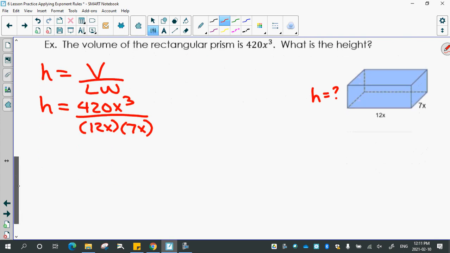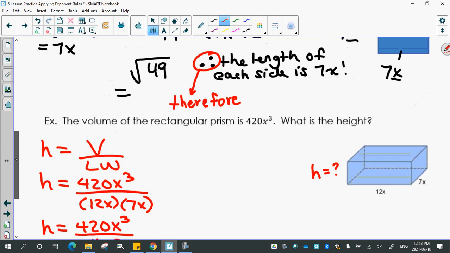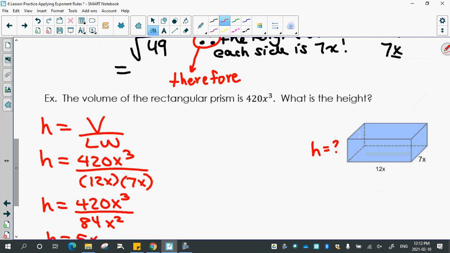We know the division bar means you have to simplify the bottom before you can divide, and that's what you did, and you got 84x squared. And then those two divided by each other is 5x. Nice.